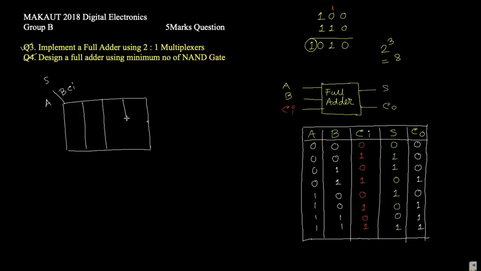Okay, so there are 8 inputs. It means the Karnaugh map is like this. So here it becomes 0 0, 0 1, 1 1 and 1 0.